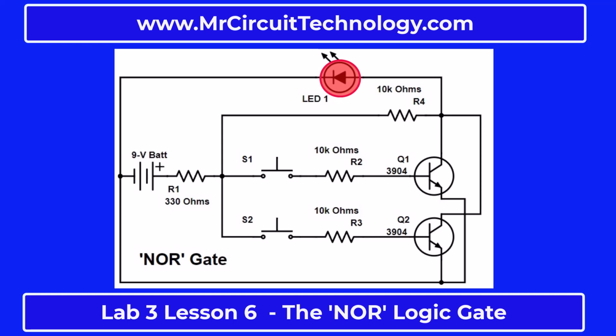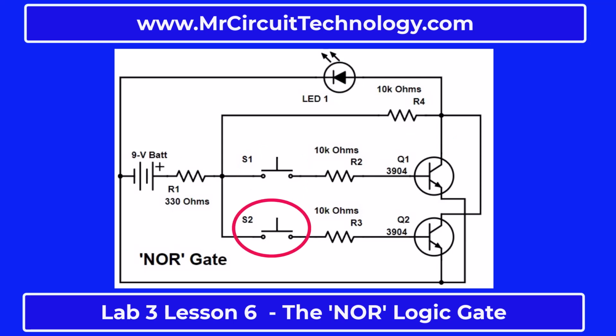So when you press switch S1, you forward bias transistor Q1 so that all the current will flow from the negative of the battery through the transistor Q1, through resistor R4, through resistor R1 to the positive of the battery. The LED will then turn off.